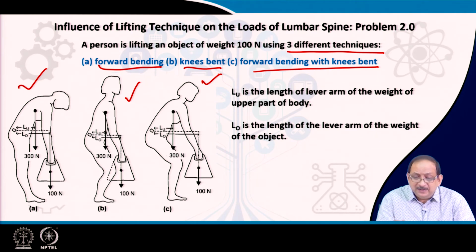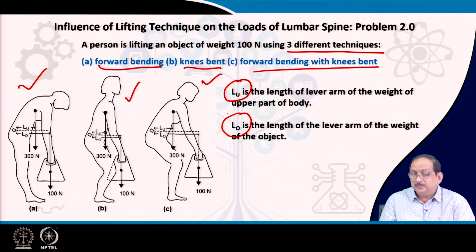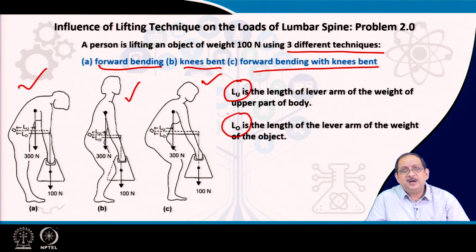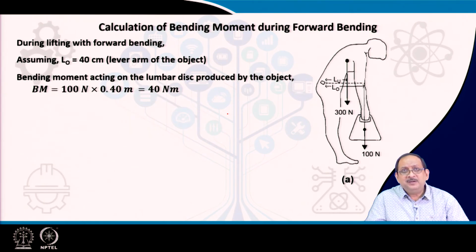So, the lever arm LU of the weight of the upper part of the body, and the length of the lever arm LO of the weight of the object are different for the 3 different cases. So, we will take up now each case and calculate the bending moment.